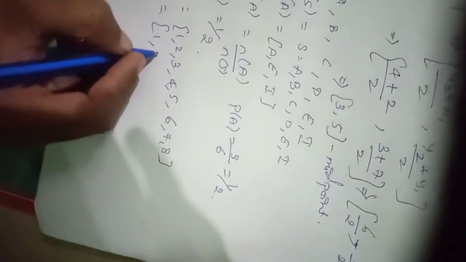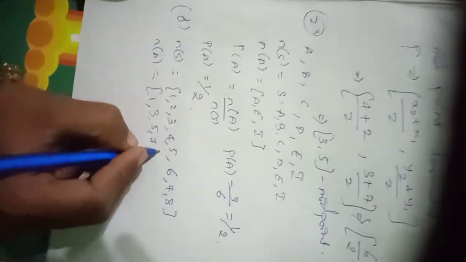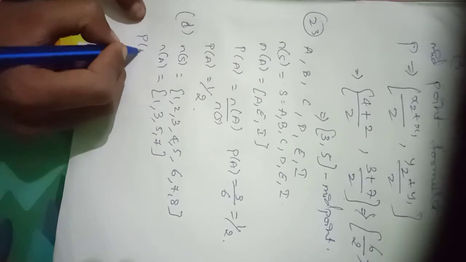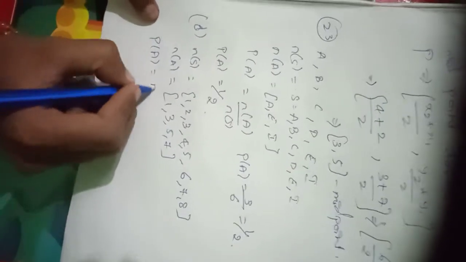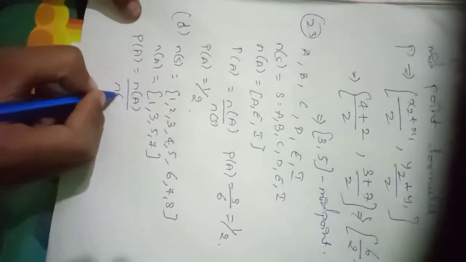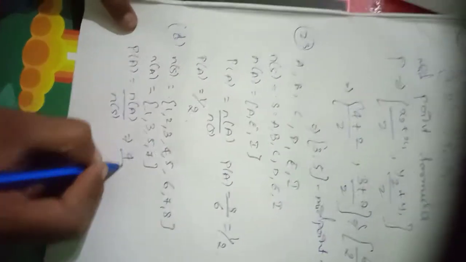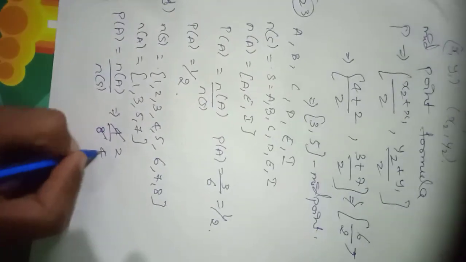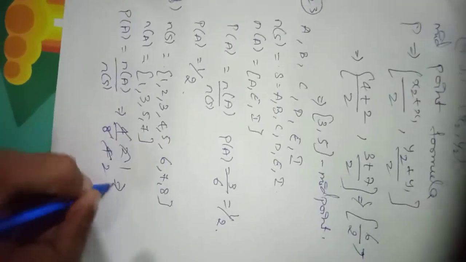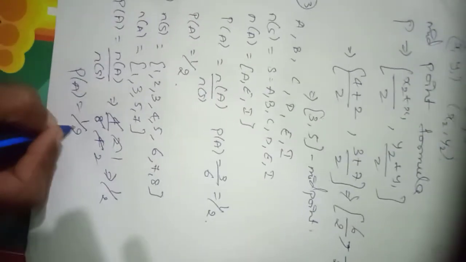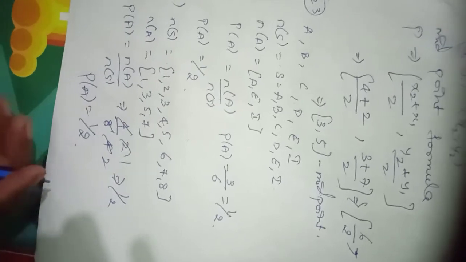They are saying odd number, that is n of A. The odd numbers are 1, 3, 5, 7. Then P of A is equal to n of A divided by n of S, which is 4 by 8, that is 1 by 2.